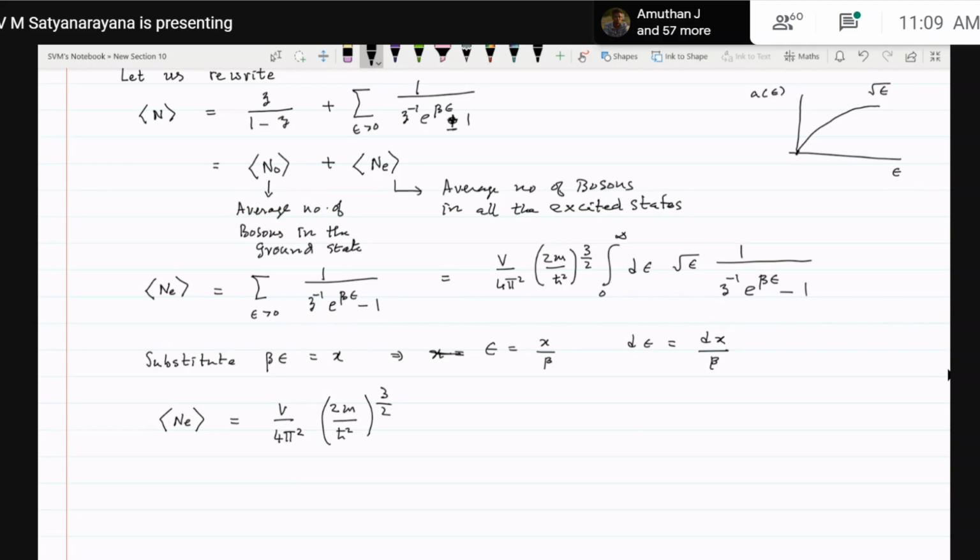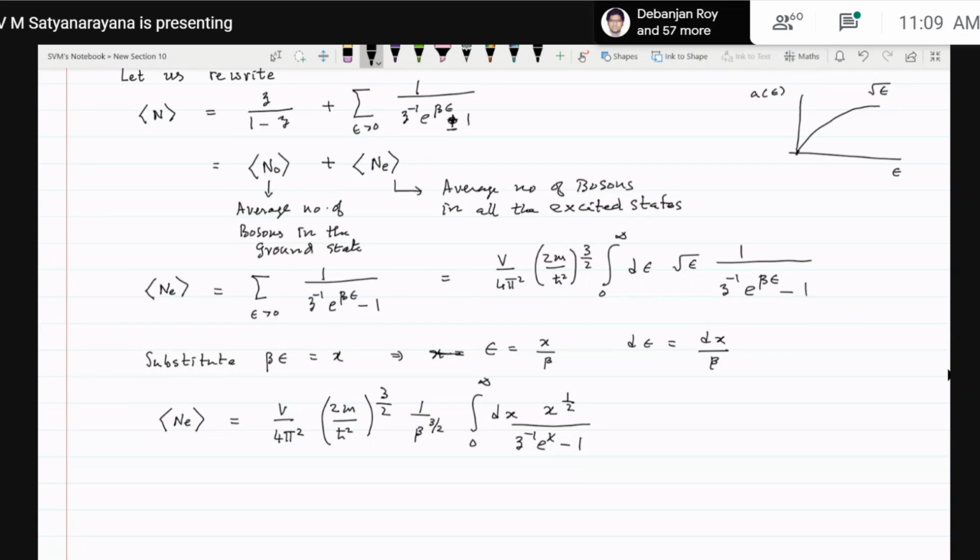I get 1 beta from d epsilon and 1 by root beta from here, so that is equal to 1 over beta to the power 3 by 2. The limits don't change: integral dx into x to the power half divided by z inverse e to the x minus 1.